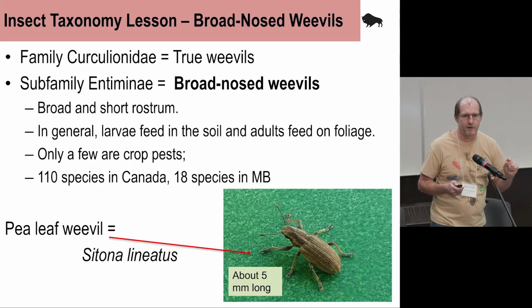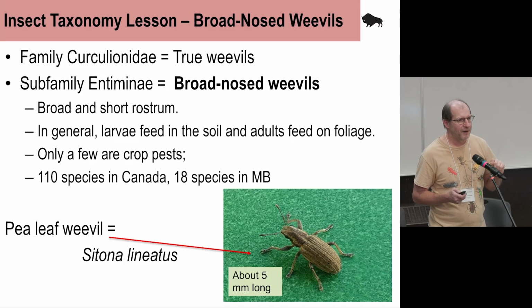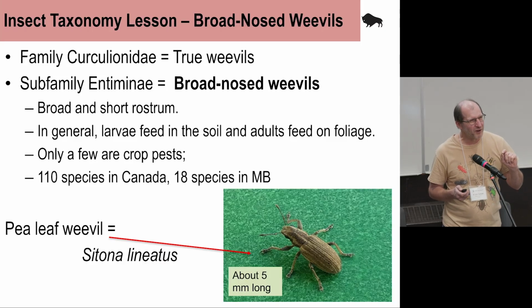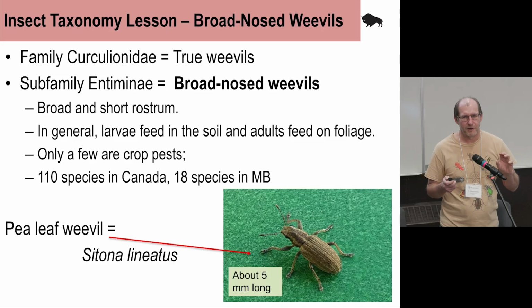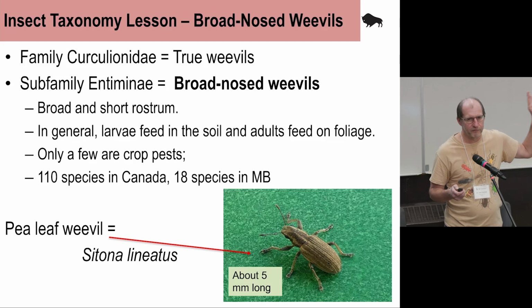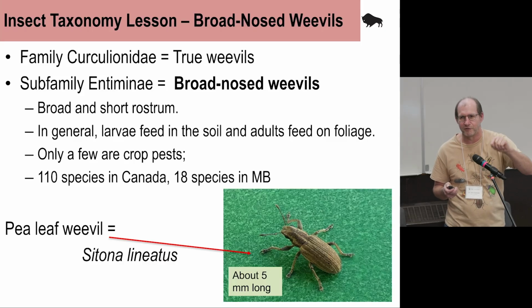And this can be confusing. I did have one or two people send me photos over the summer asking, is this a weevil? They weren't quite sure because they knew this is kind of what pea-leaf weevil should look like, but it doesn't have a snout. But yeah, there's this group called the broad-nosed weevils. They don't have the big snouts. And they're actually a fairly big group. And this is where I know taxonomy can be frustrating. We give you all these rules, and then we say there's an exception to the rule.